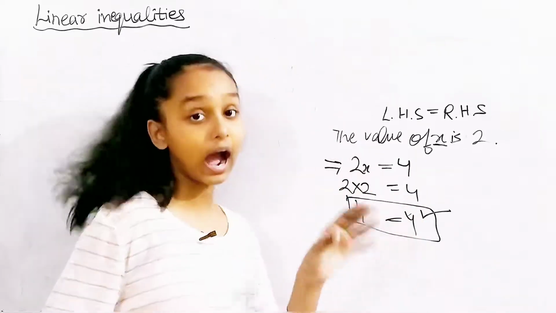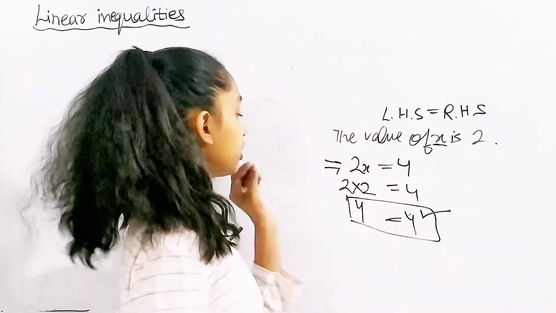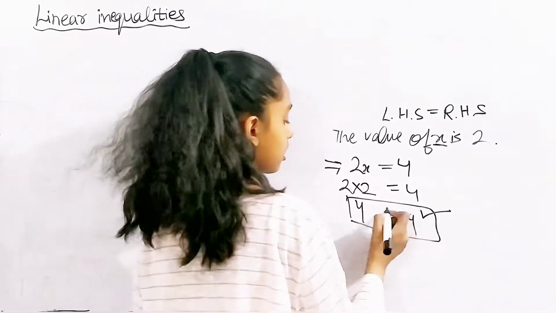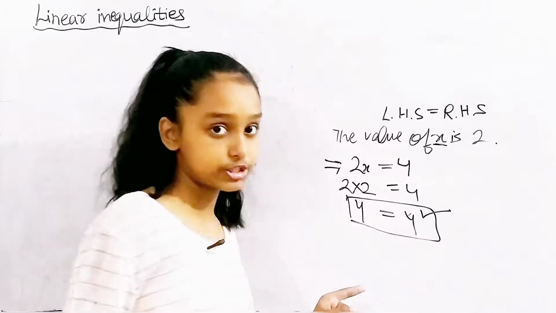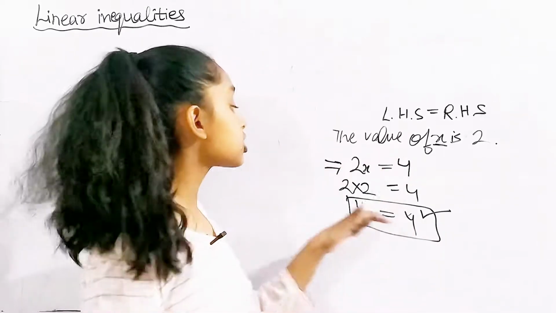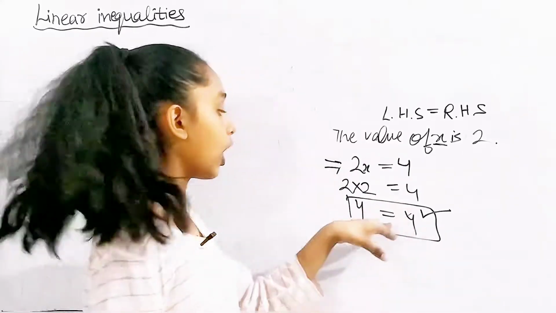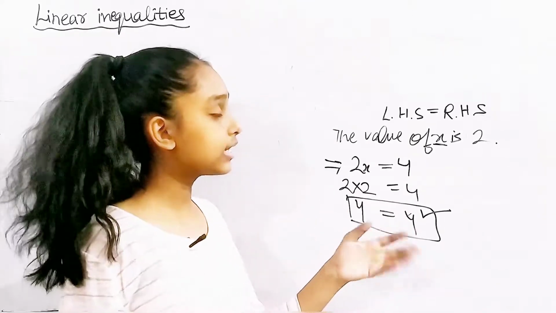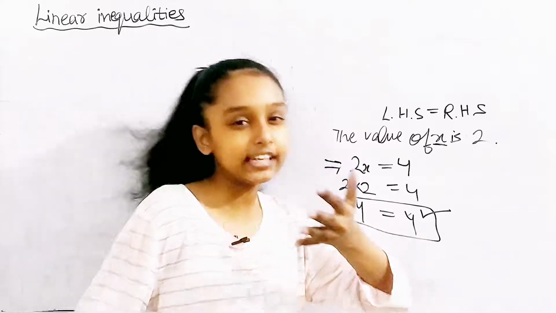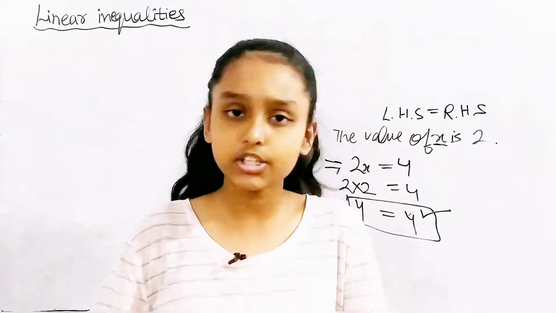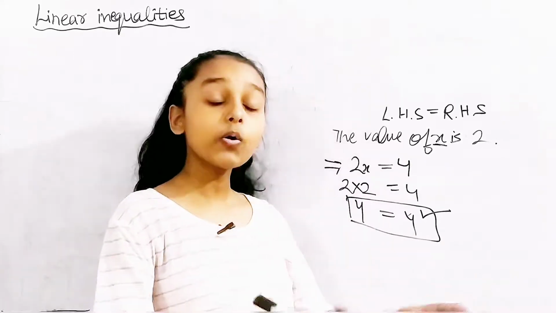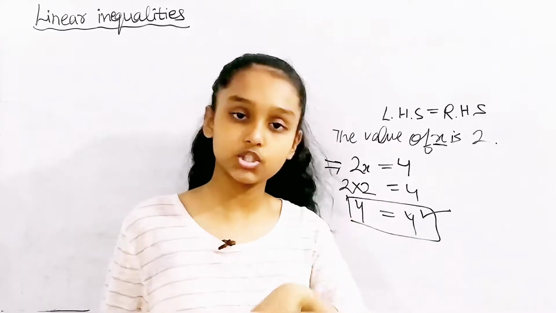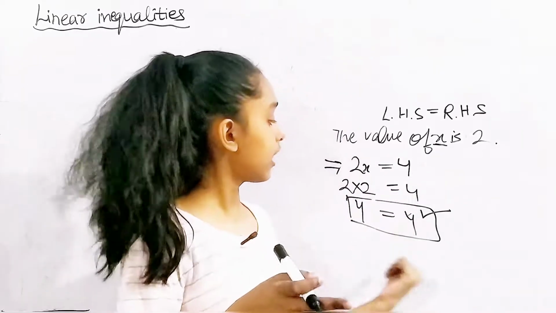So what I want to say is that this is the equal to sign, and this equal to sign is what we call an equation. I can even call it a linear equality. And linear inequality is just the opposite of this.